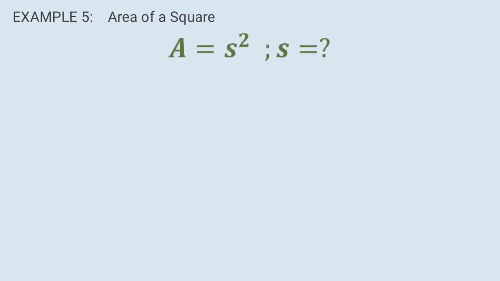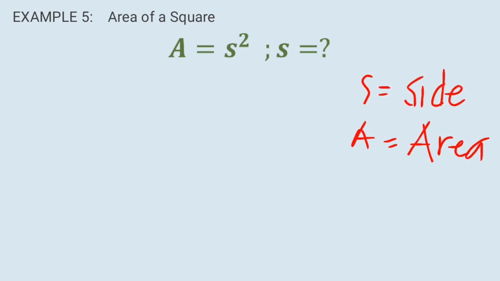Okay, for the example 5, the area of a square. The formula for the area of a square is A is equal to S squared. In here, we all know that S is our side, right? S is our side, and A is our area.